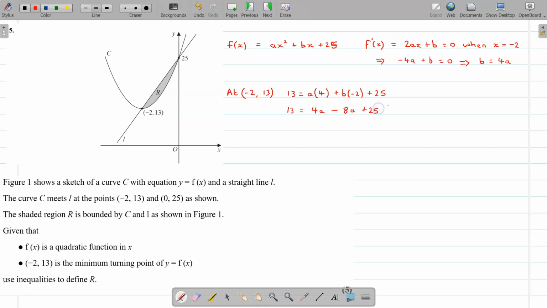Which means that if I take away the 25 from both sides, I'd get minus 12 equals minus 4a, and that means that a must be 3, and because b is 4 lots of a, b must be 12.